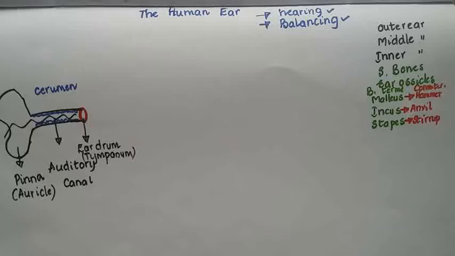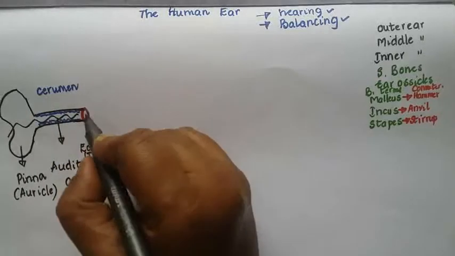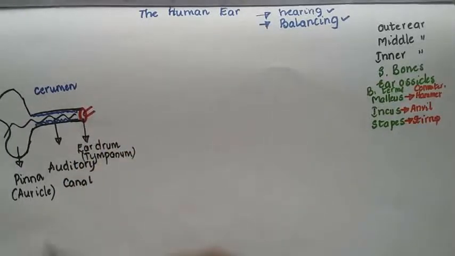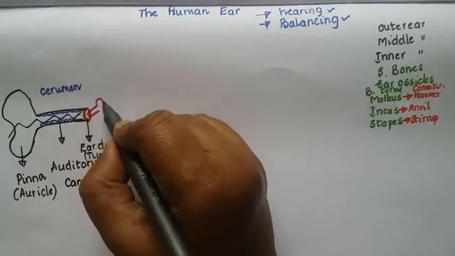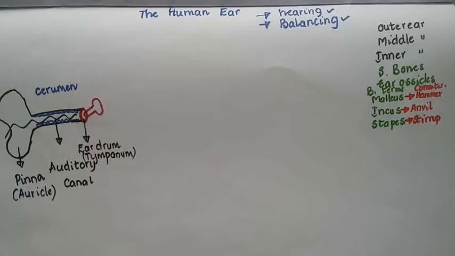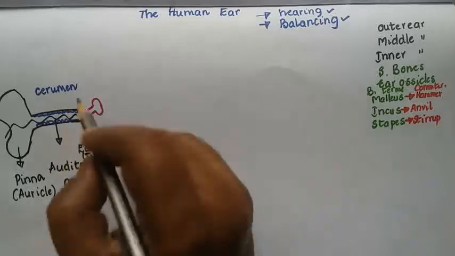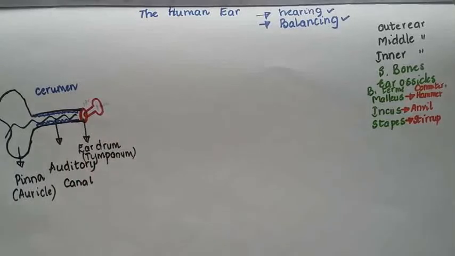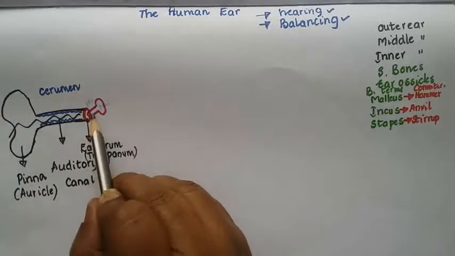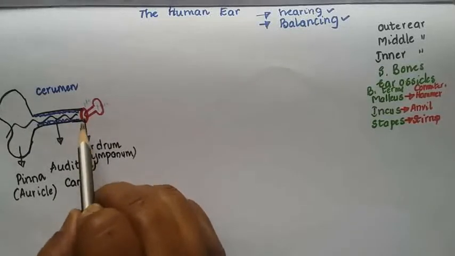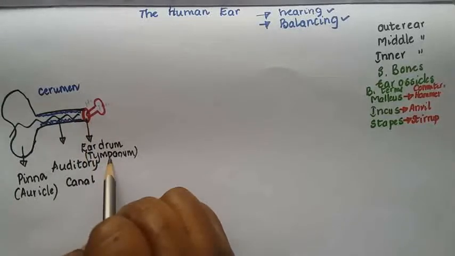The first one, Malleus. The Malleus has a handle-like structure, and at the end of the handle there is a head-like structure. This is the handle followed by a head-like structure, and the handle of the Malleus is attached to the inner surface of the tympanum.